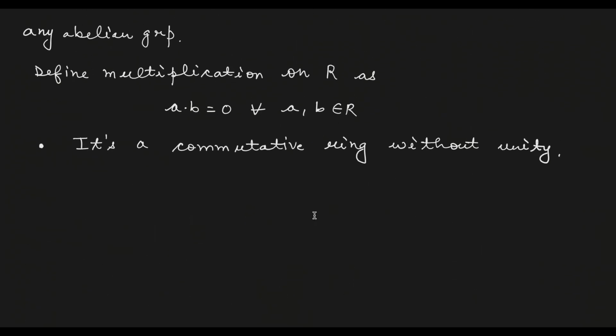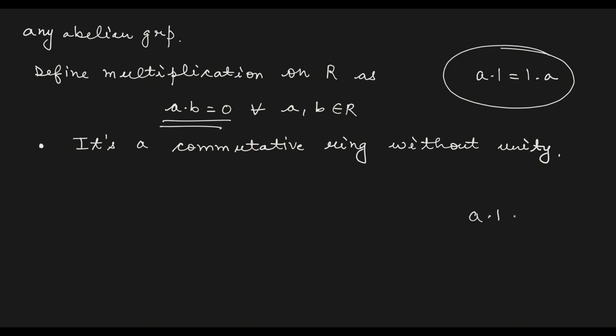Because if it is with unity, then it should be a into 1 is equals to 1 into a. But our multiplication is defined as this. So if I follow this, then a into 1 is equals to 0. ये हो जाएगा ना? तो unity तो हमारे पास नहीं आ पाएगी. Clear हुआ ये?